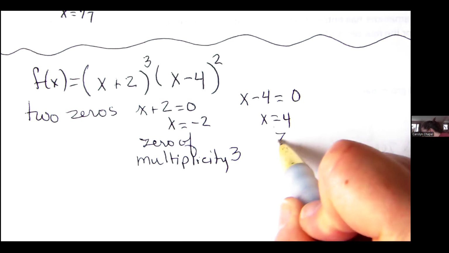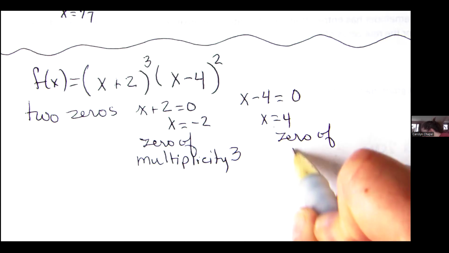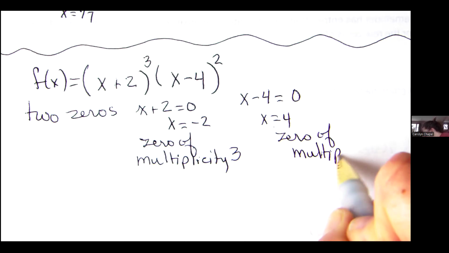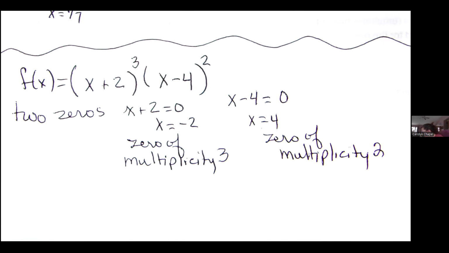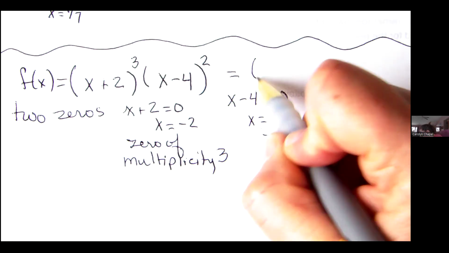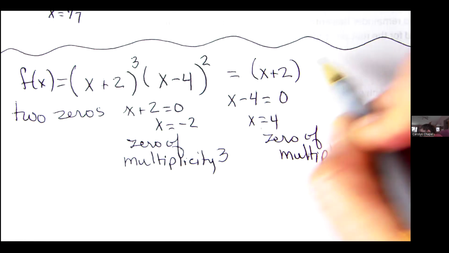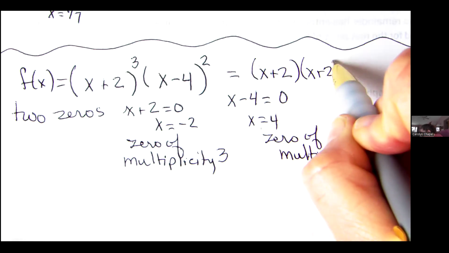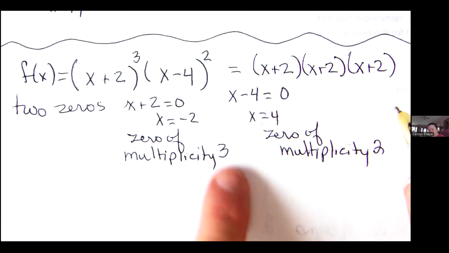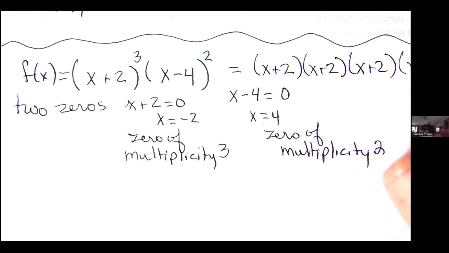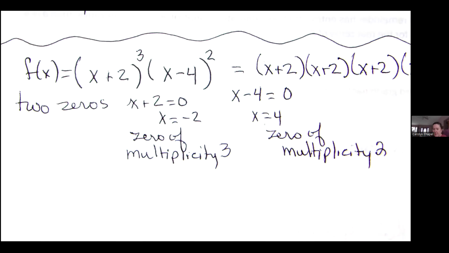This is a 0 of multiplicity 2. Because we could have written this x plus 2 out 3 times. So it's multiplied 3 times, and this x minus 4 would have been multiplied in there 2 times, multiplicity 2.